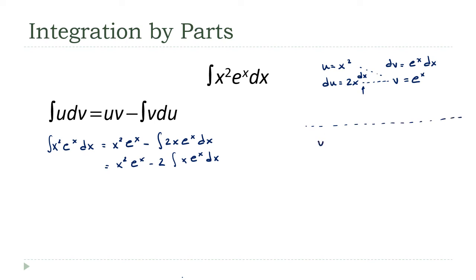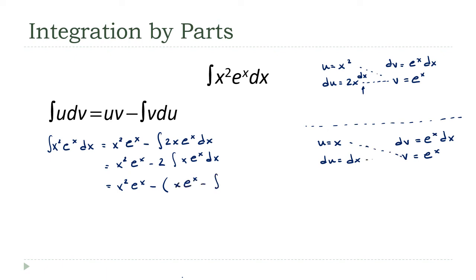So this time I'll let u equal x and dv equal e to the x dx again. So du equals dx, and that I'm feeling good about. That's going to go away in the integral part. And v equals e to the x. All right, so let's do it again. This is x squared e to the x minus uv, which is now x e to the x, minus the integral of v du.